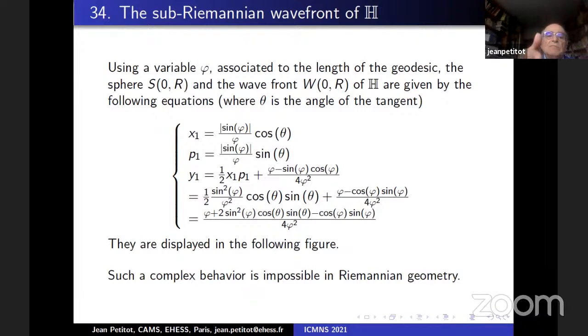And of course, it is the modulus sin phi over phi, which is very important and explains the strange geometry of the sphere and the wavefront.